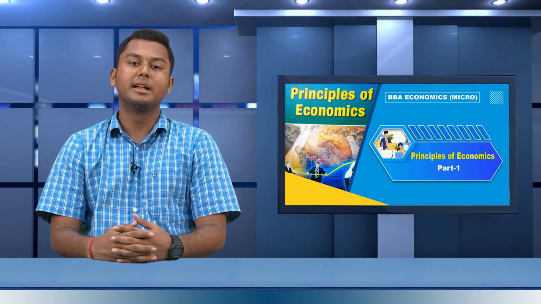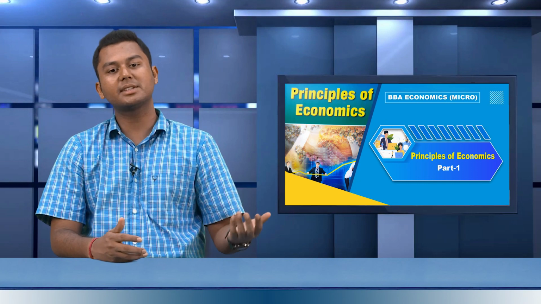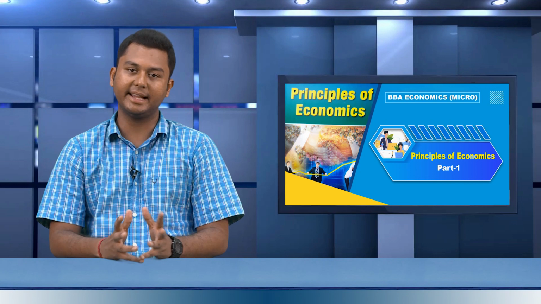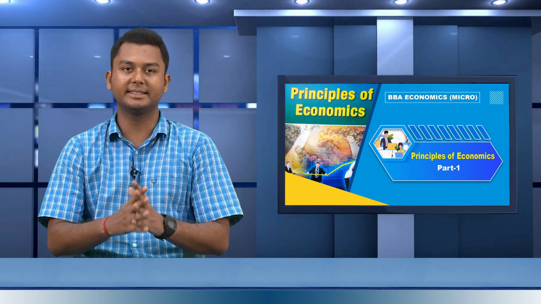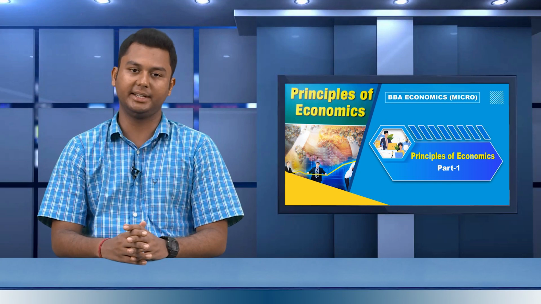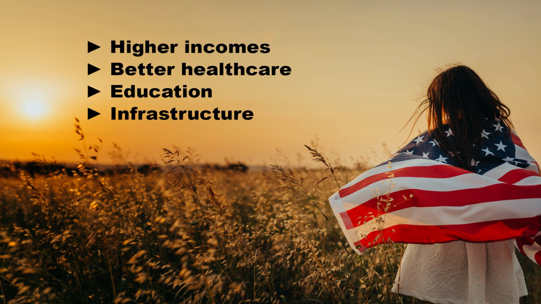For example, the average worker in the United States produces significantly more than the worker in a low income country like Nepal. This is largely due to differences in technology, education, physical capital and institutional quality. As a result, an American would enjoy higher income and better healthcare, education and infrastructure as compared to another country.